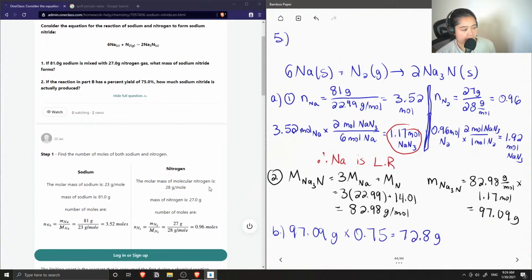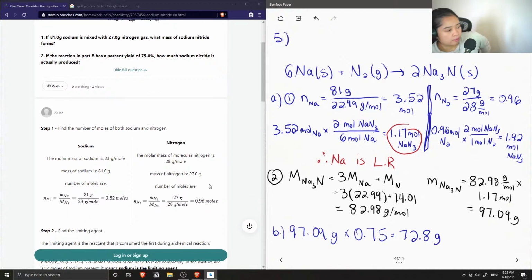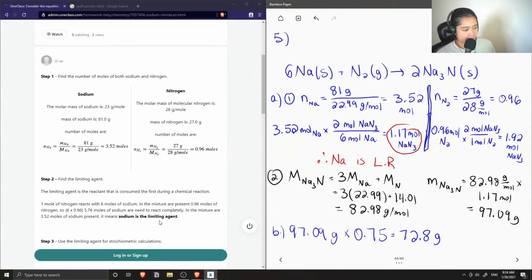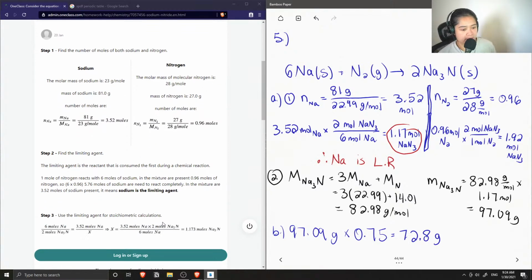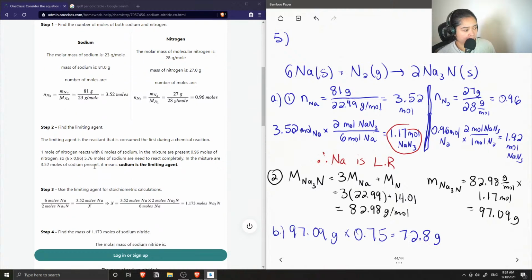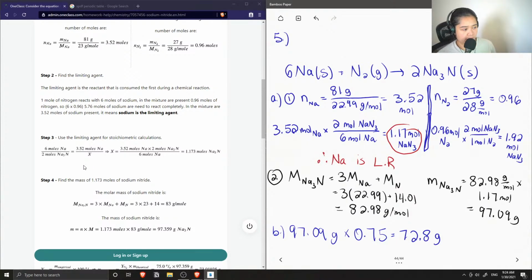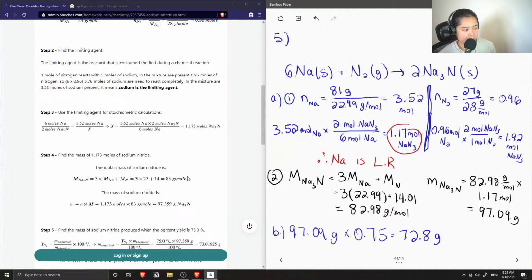Okay, so let's see what the junior tutor said. They first found the number of moles of each sodium and nitrogen, and then they found the limiting reagent and deduced that sodium was the limiting reagent. Then they used the limiting reagent for stoichiometric calculations and found that 1.17 moles of sodium nitride is formed.